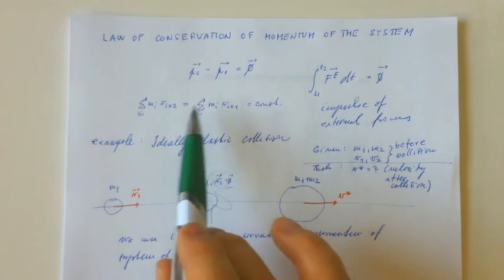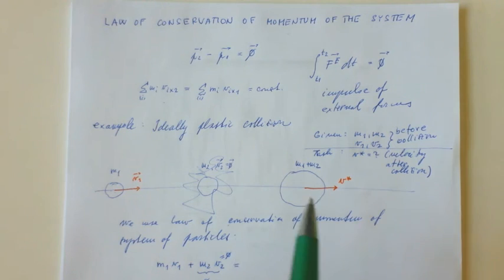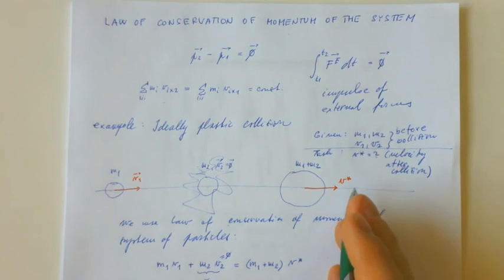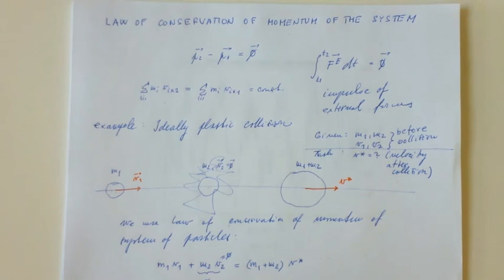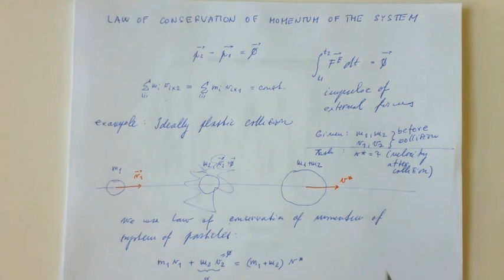So before, after. Okay, here it is opposite, it doesn't matter. After collision we have a system of the same mass with unified velocity v star. So we can derive v star very easily from this. So it is m1 over m1 plus m2 times v1, and this is the resulting velocity of the system after collision.